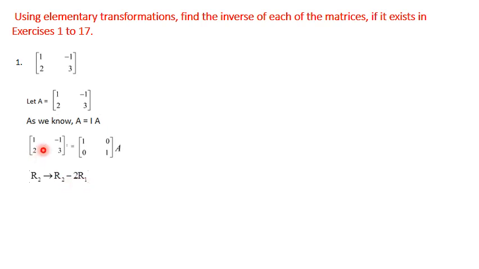Means in row 2 there is an element 2, and we have to make this 2 as 0. If you multiply 2 with the R1 element and subtract it from 2, you will get 0. That is the operation R2 minus 2R1.